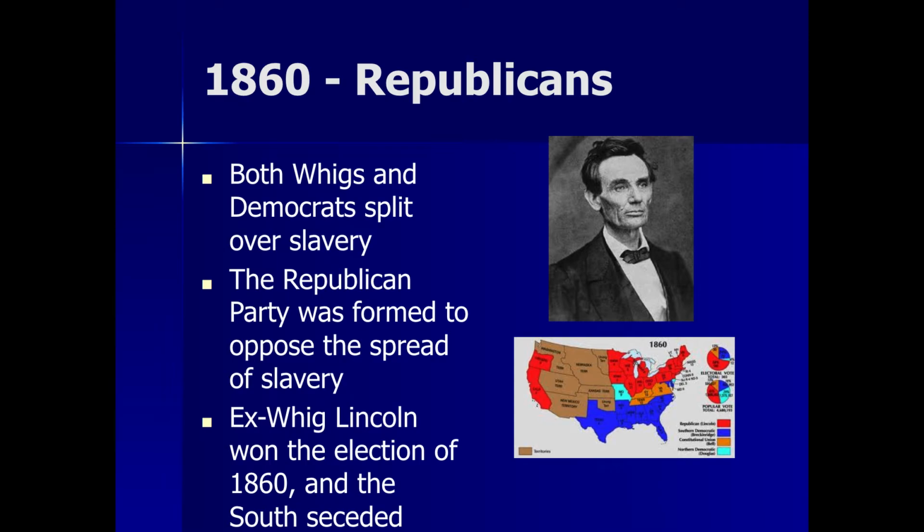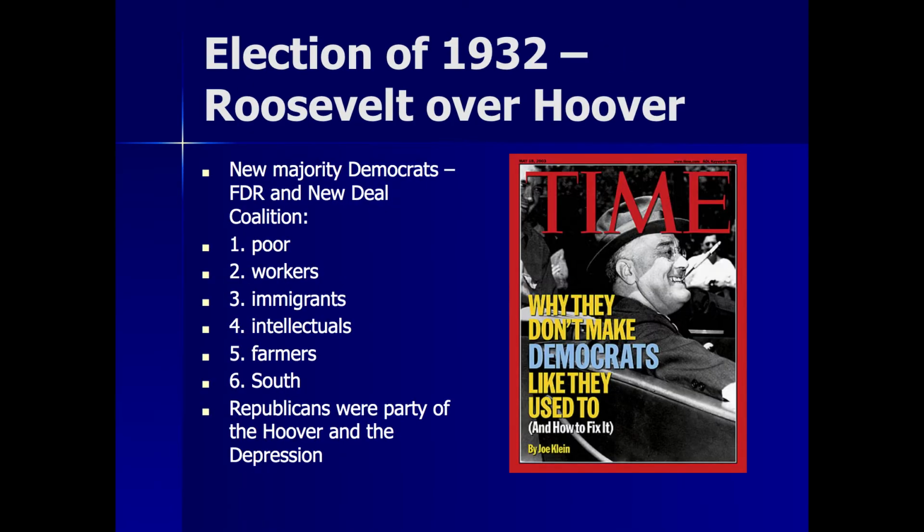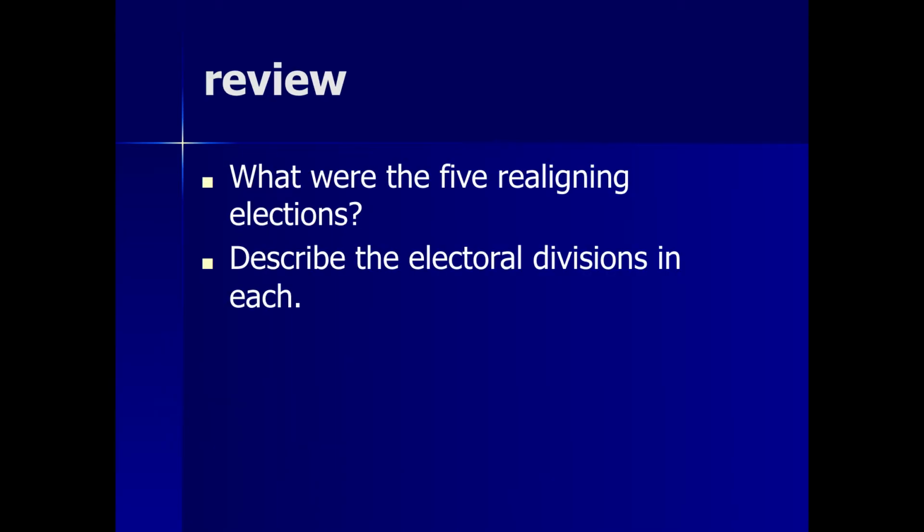They formed, it's the only successful third party. They formed as the anti-slavery party. And then we went on to the election of 1932 with Roosevelt, and there's the New Deal coalition right there. Okay. All right. Do a little review right there.